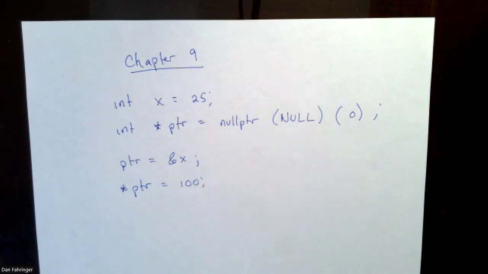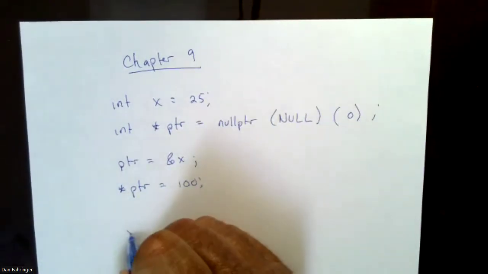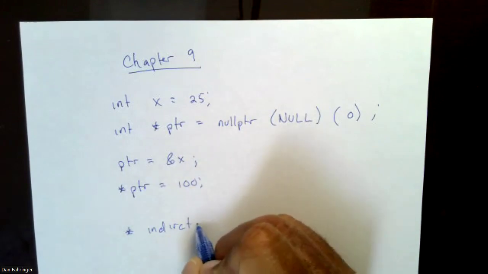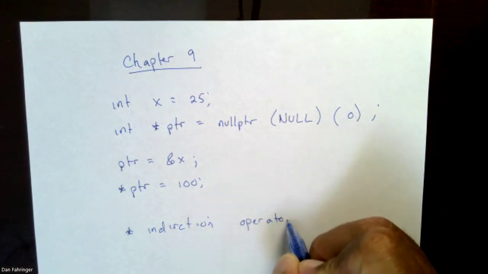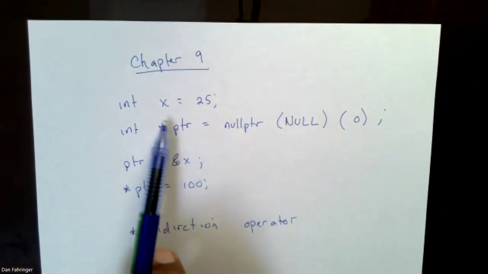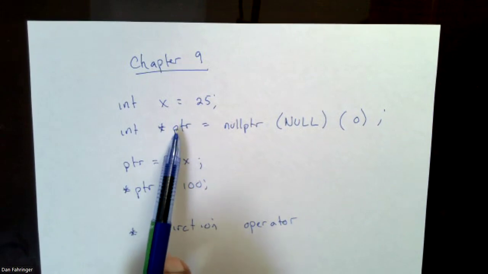It changes the value of X, right? This goes to the location. This asterisk is called the indirection operator. It has two different uses. One, it says this is going to be the address stored at the name pointer.